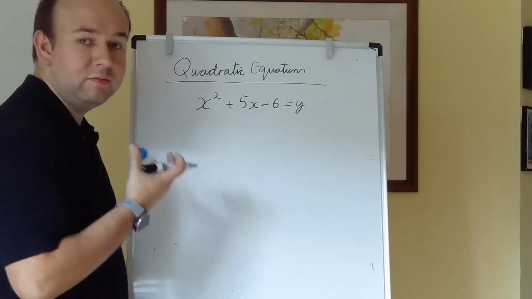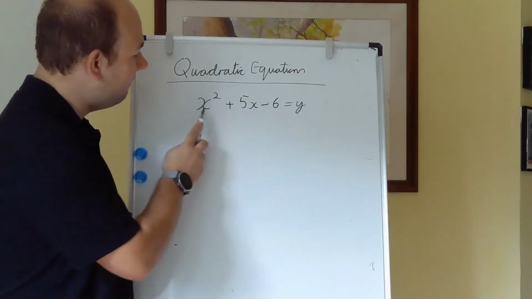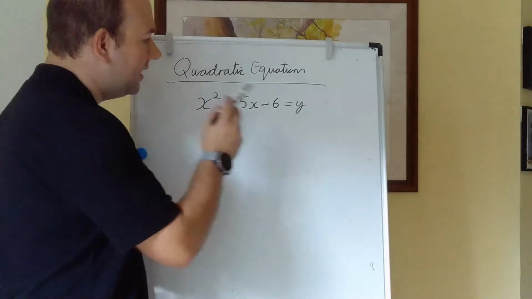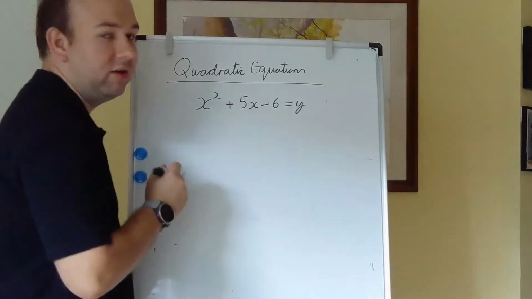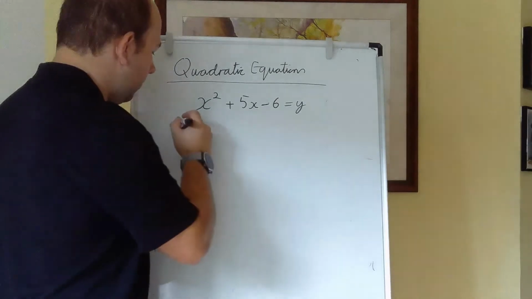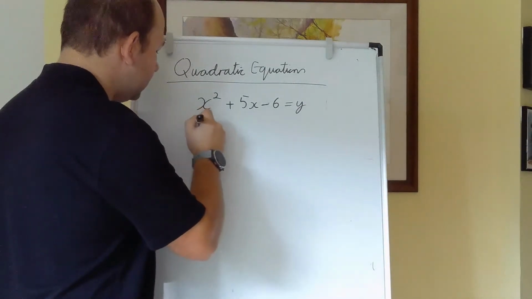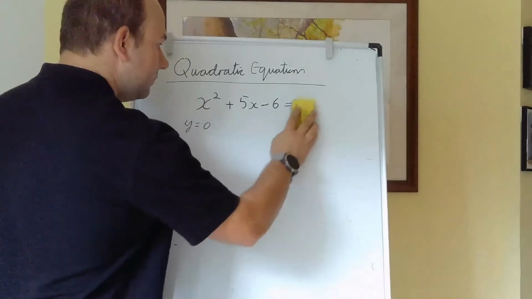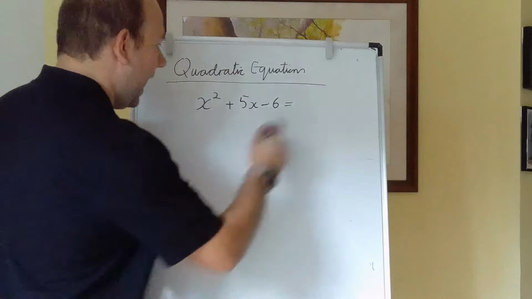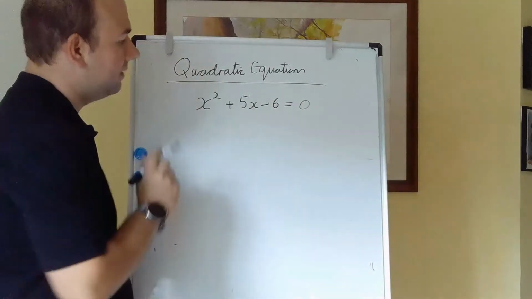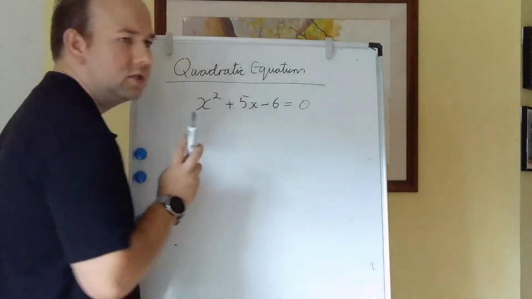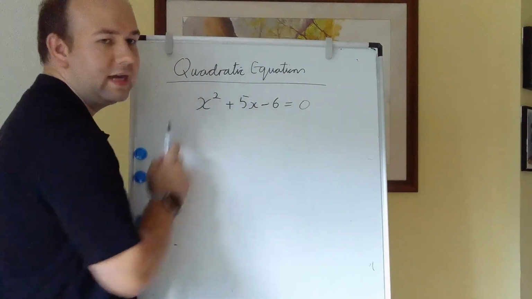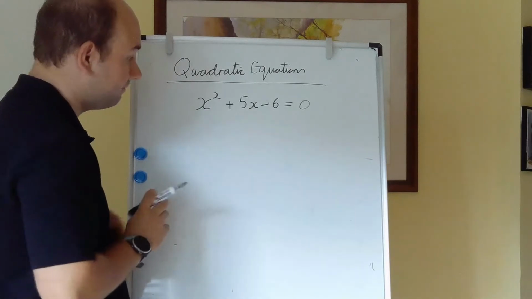When I say solutions, what we're looking for are values of x which satisfy this equation being equal to 0. So when we solve an equation, we set y equal to 0, and therefore the equation will become x squared plus 5x minus 6 is equal to 0. So we're looking for values that when we plug them in for x, we get the value of 0.